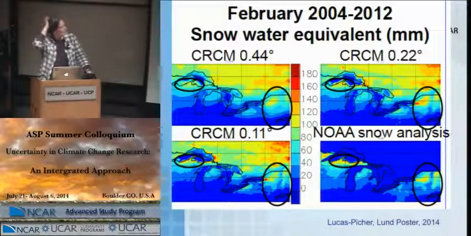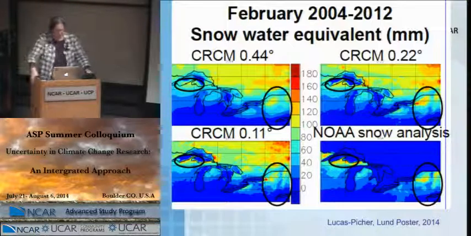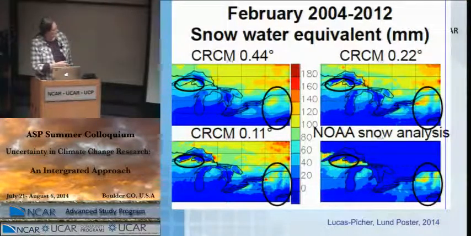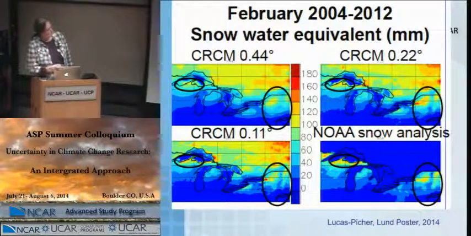Here's a result from the Canadian group. The domain is actually all of North America. And I just wanted to show you another feature, let's say a relatively high resolution regional feature. They did 0.44, 0.22, and 0.11. It's nice to compare resolutions to see, are you really getting a lot more?